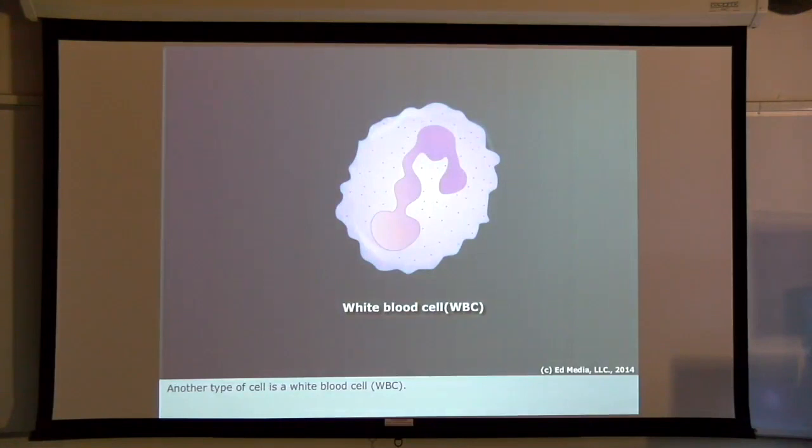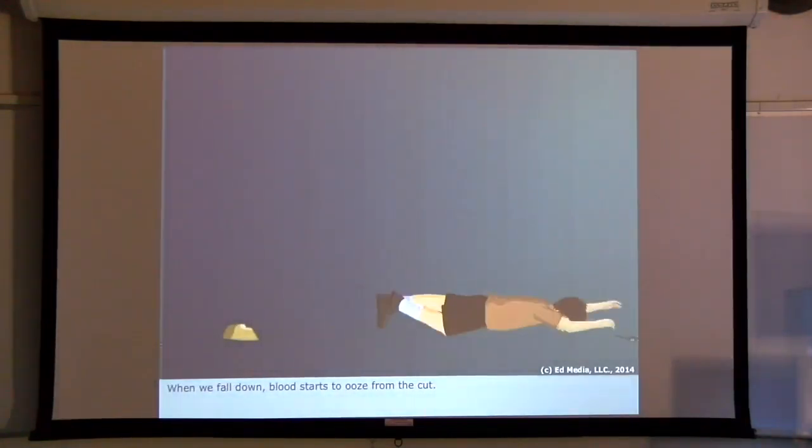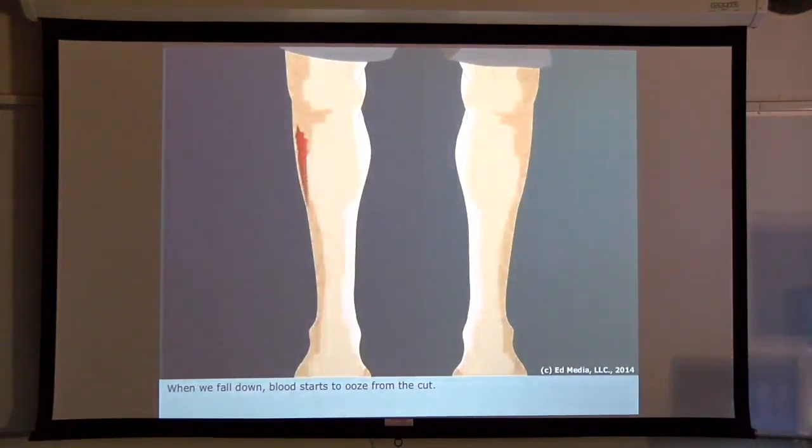Another type of cell is the white blood cell. The white blood cells provide immunity by preventing the entry of pathogens into the body. When we fall down, blood starts to ooze from the cut. Later, a dark red clot appears, which stops the bleeding.